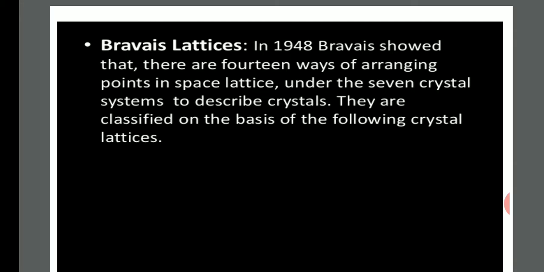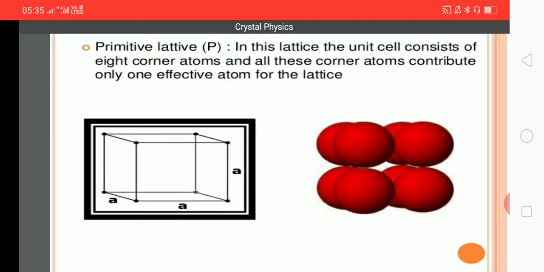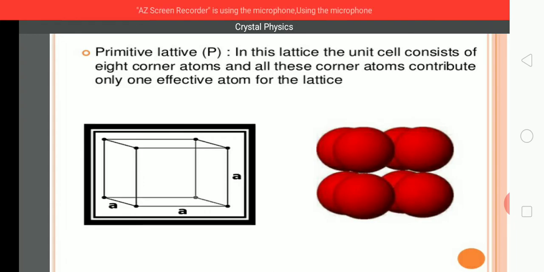Bravais lattice. In 1848, Bravais showed that there are 14 ways of arranging points in a space lattice under the 7 crystal systems to describe a crystal. They are classified on the basis of the following crystal lattices. Primitive lattice.